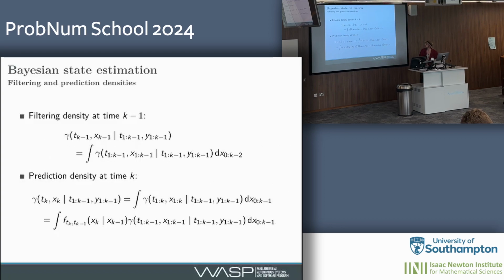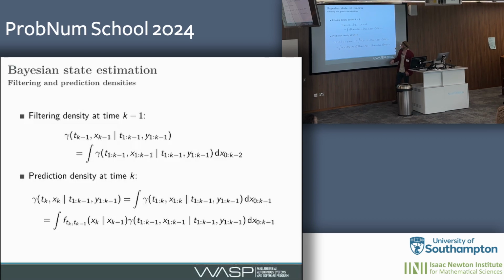I'm going to define the filtering density at time k minus 1 as the marginal density of x at t_{k-1} given all the measurements up to t_{k-1}. And then I'm also going to define the prediction density at time k, or one-step-ahead prediction density.